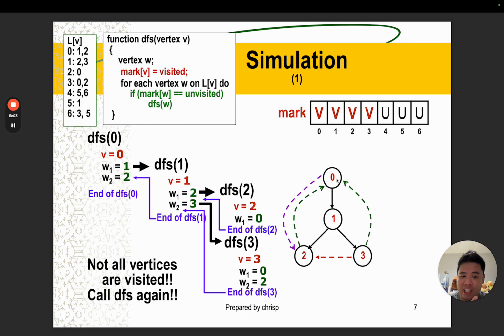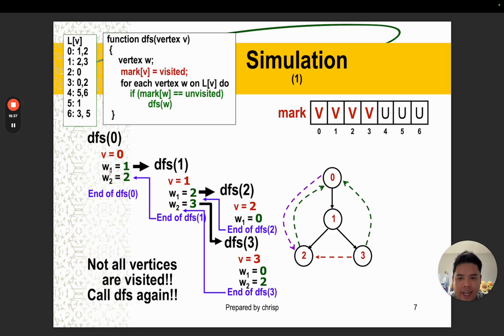We'll talk about the color later, but there's a broken arrow from 3 to 0 because when 3 tried to visit 0, it's already been visited. So the broken arrow notation is there for when a specific vertex has an arc going to an already visited vertex. 2 was already visited, so it's another broken arrow from 3 to 2. DFS ended, so I'm now here.